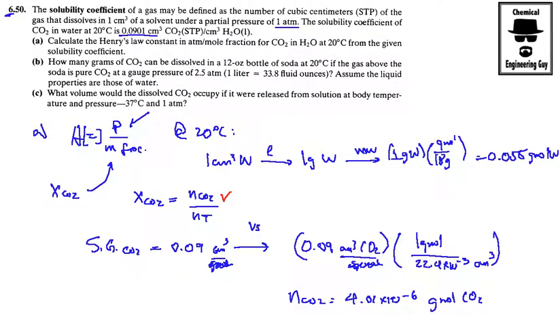Now, letter B. How many grams of CO2 can be dissolved in this amount of volume at 20 Celsius if the gas above, okay, they give you this pressure. And the liquid, or the soda, we can suppose to have water properties.